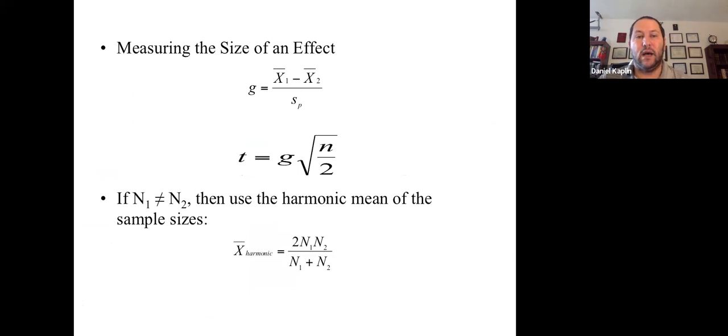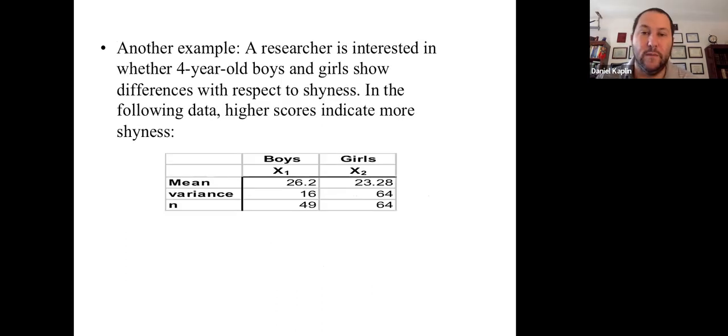So we can measure effect size using g. And if we don't have equal sample size, we could actually calculate a harmonic mean. And all that is you would multiply 2 times the sample size for 1 times the sample size for 2, divided by N1 plus N2, right? That's the formula.